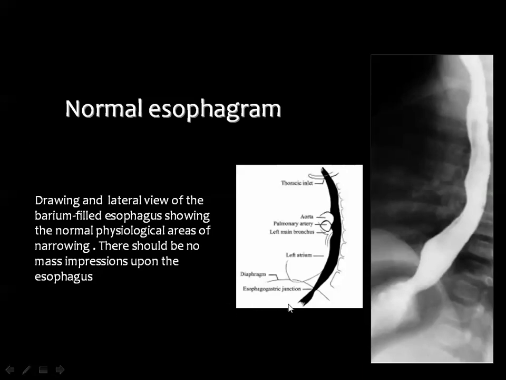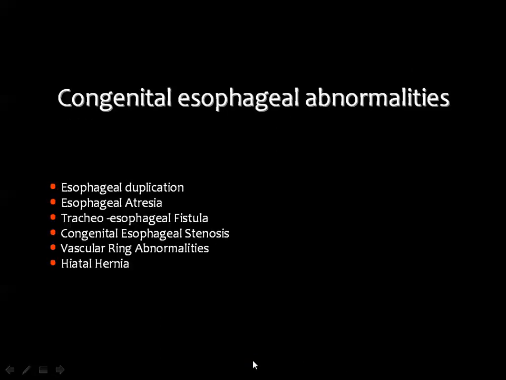And if you have the lateral view of the esophagus, there may be some indentations along the anterior aspect of the esophagus, which are usually caused by the aorta, the pulmonary artery, and also the left main bronchus. In the middle third, lower down, you get the impression of the left atrium and maybe the left ventricle if it is enlarged.